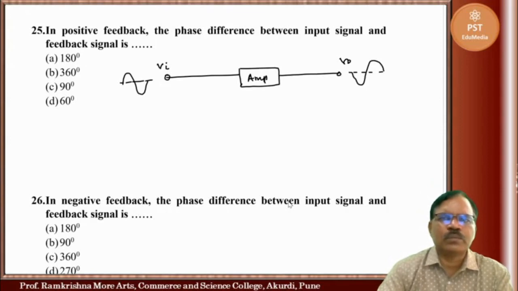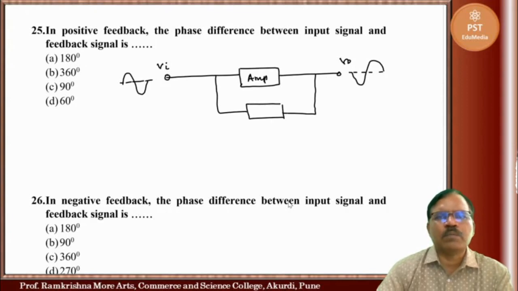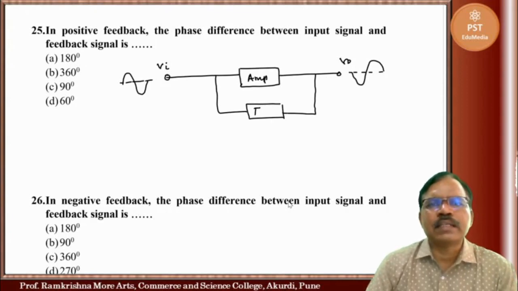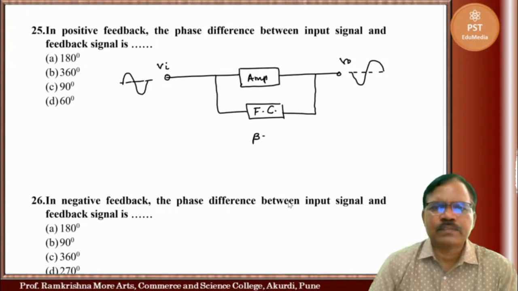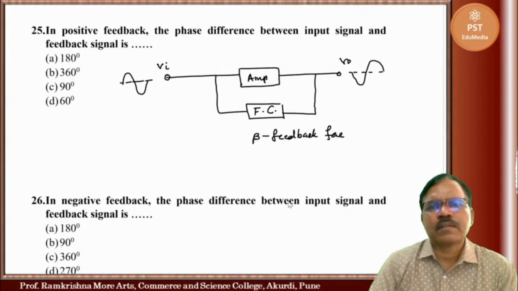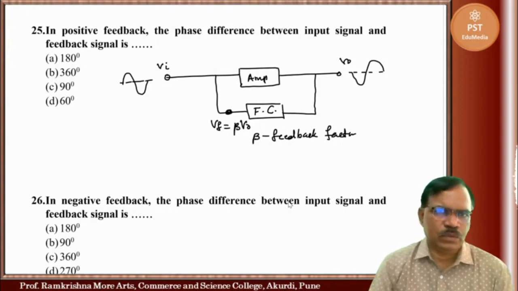So here V0. Now part of the output is fed back to input through the feedback circuit. So suppose V0 is output and beta is the feedback factor. Then feedback voltage Vf is equal to beta times V0.